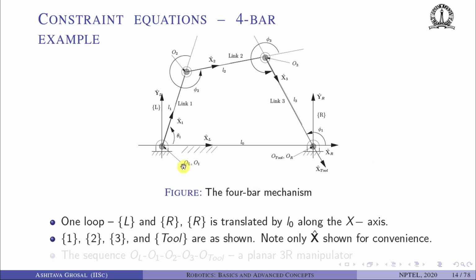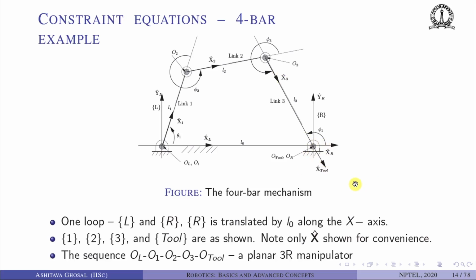So we fix coordinate systems 1, 2, 3 and tool as shown. We fix coordinate system 1 at OL, 2 at the second joint, 3 at the third joint, very similar to a serial robot, a 3R planar robot, and then the tool coordinate system is at the end. The x-axis is shown for convenience only.